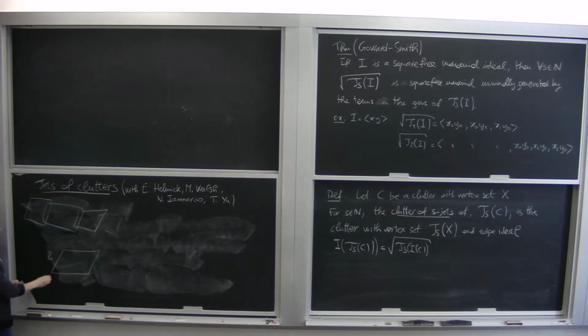There's a natural way to project from your jet scheme to the original variety. If you think about the variables the way I labeled them, this is all the variables x0, x1 to xs. You forget x1 through xs, and x0 goes back down to x. So there's a nice projection.